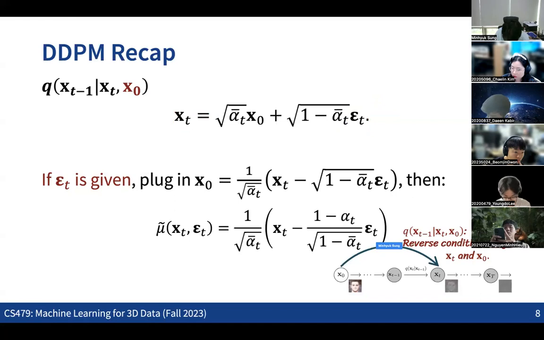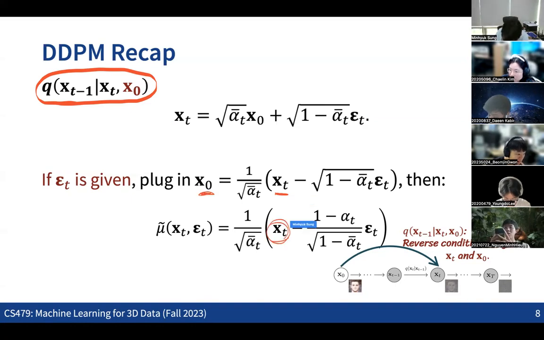So if we want to get the parameters of this specific conditional probability density function, the only information that we need is either the pair of xt and x0, or the pair of xt and just the epsilon t, because from xt and epsilon t, we can compute the x0. Basically, if we know what xt is and what noise was added to produce the xt, we can also guess what x0 made the jump to the xt.